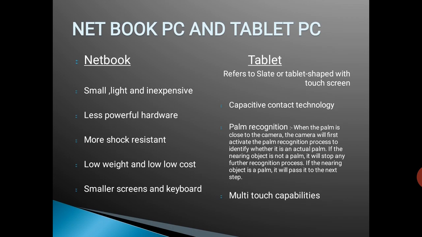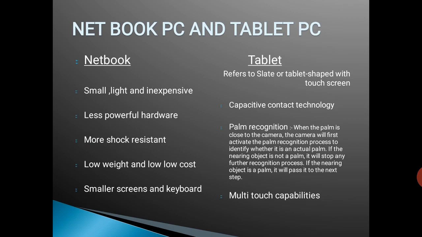And a tablet PC, which you all are familiar with, refers to a slate or tablet shaped device with touch screen and capacitive contact technology, and it has palm recognition.